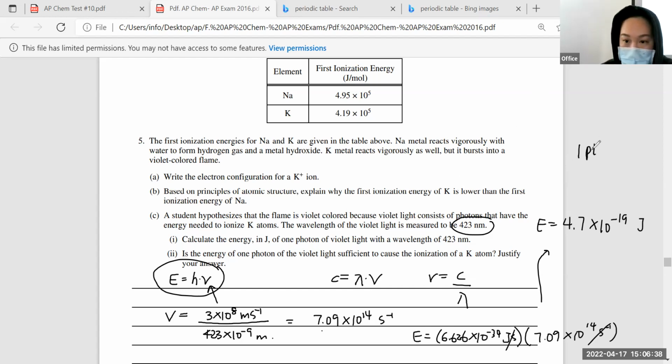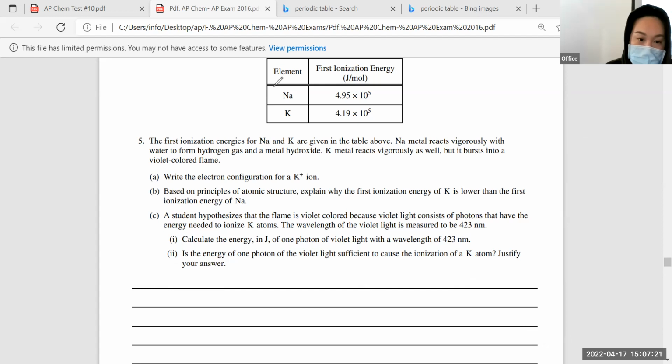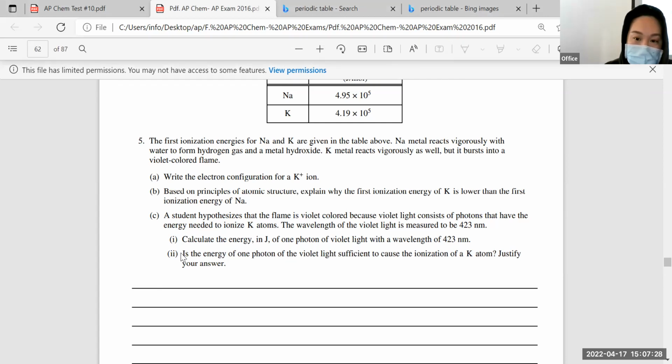Right, so this is total 1 point. Okay. Is the energy of one photon of the violet light sufficient to cause the ionization of the K atom?